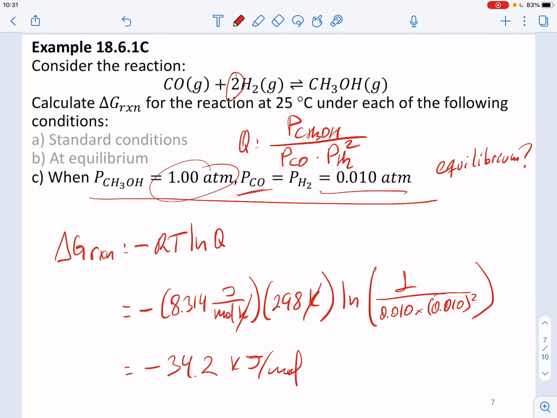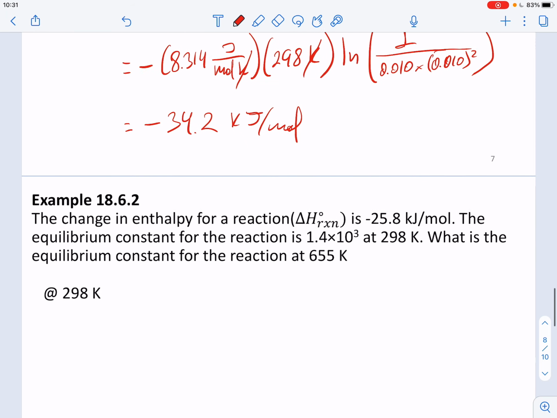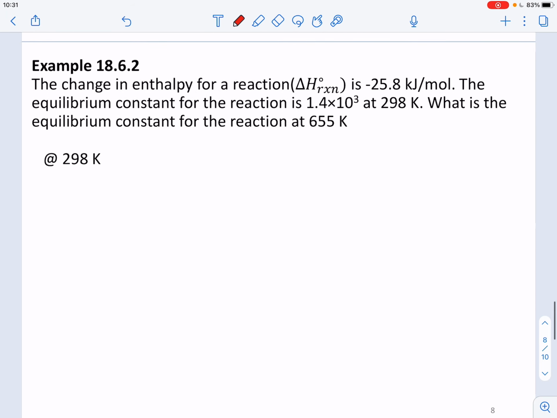One thing that you can say here is that all the values that you calculated are negative, so this reaction, under all the conditions that you have calculated, is spontaneous in the forward direction. Now this question is a little more interesting because we are giving you the change in enthalpy for a reaction.